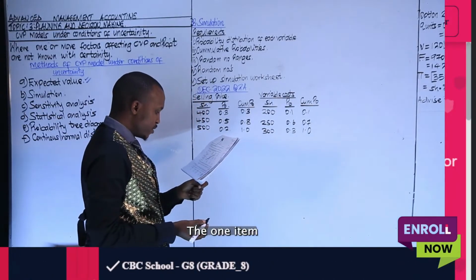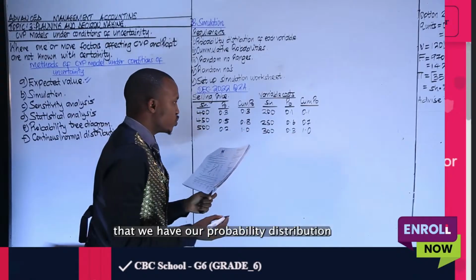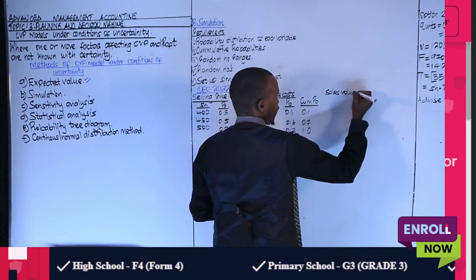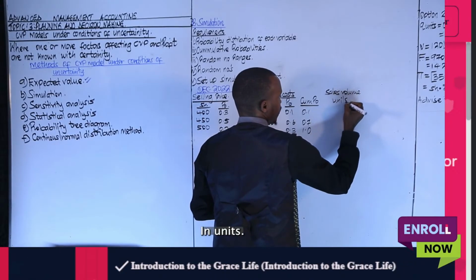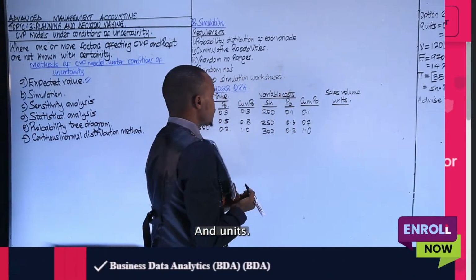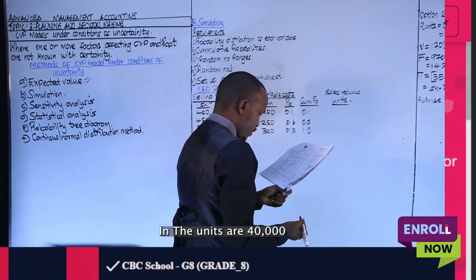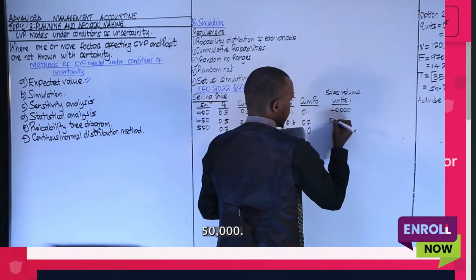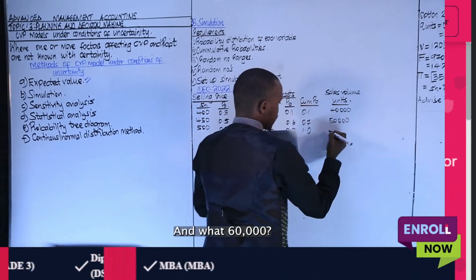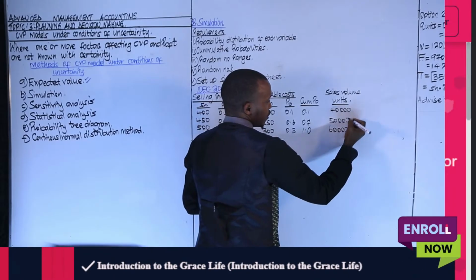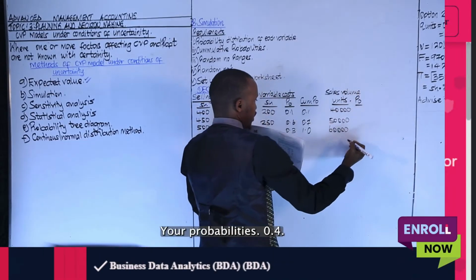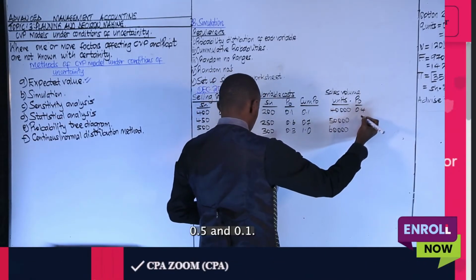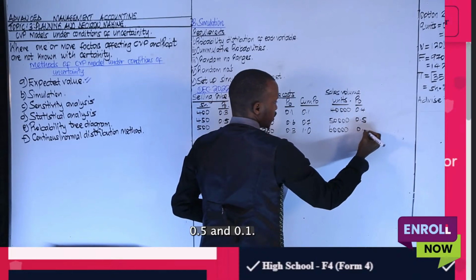The third item for which we have a probability distribution is your sales volumes in units. The units are 40,000, 50,000 and 60,000. Your probabilities are 0.4, 0.5 and 0.1.